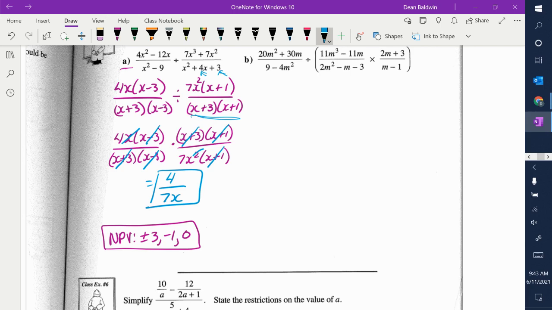So if you look on your factoring sheet, this guy, bottom left, when you have something that looks like that with a 1 in front of the x squared, you just look for the numbers that multiply to the end and add to the middle. And then you create 2 brackets, and that's what goes there and there. Okay?